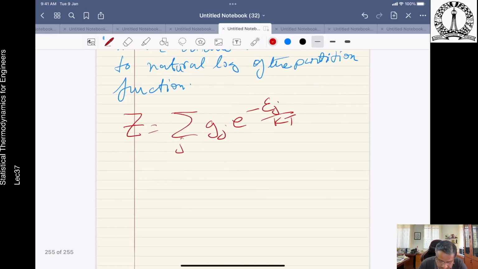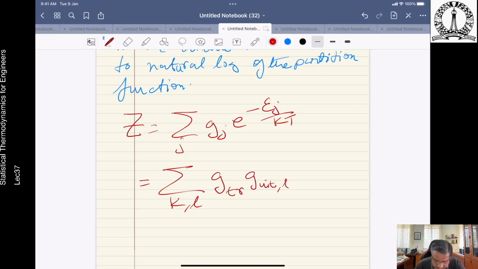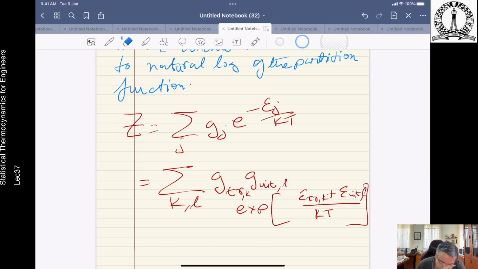Because of the separation, this can now be written with g translation k and g internal l, where translation is one factor and the internal modes are the other, exponential of minus E translation k plus E internal l, divided by kT, summed over k and l.